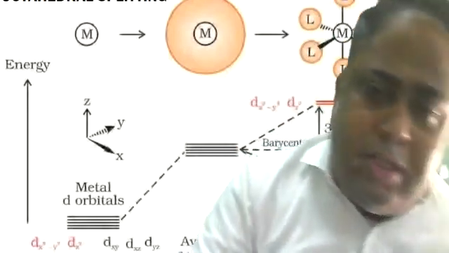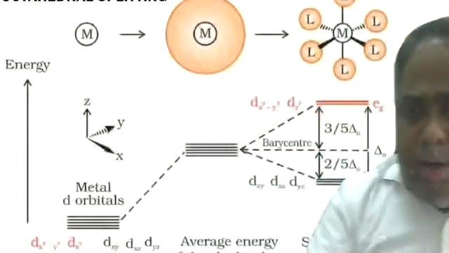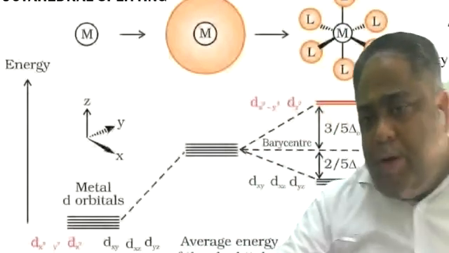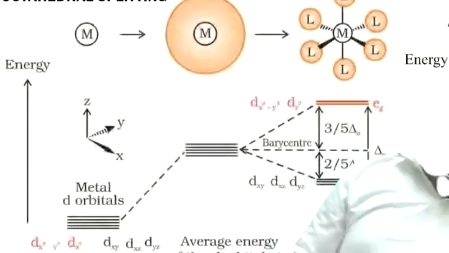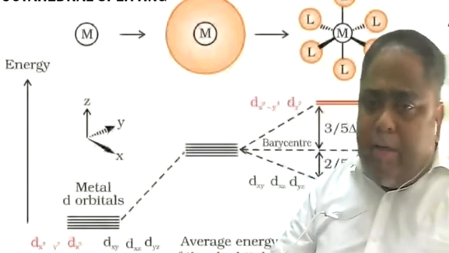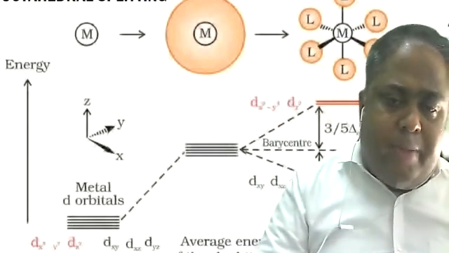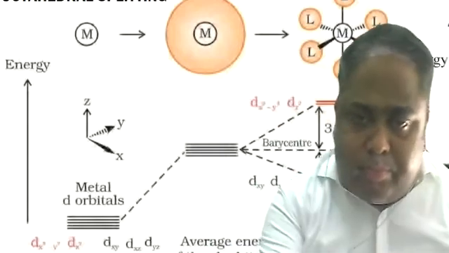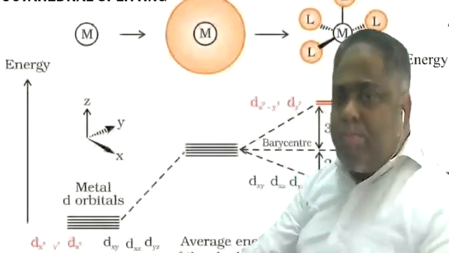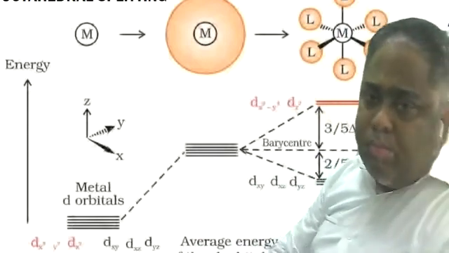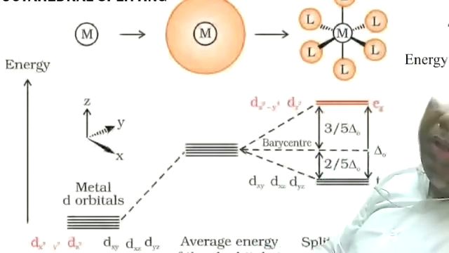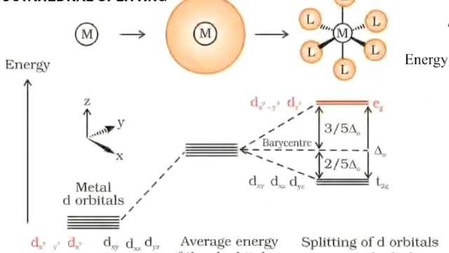This diagram you have seen. See, I'm moving away. If I move away, you will be able to see dx²−y² and dz². See, I have moved away now.